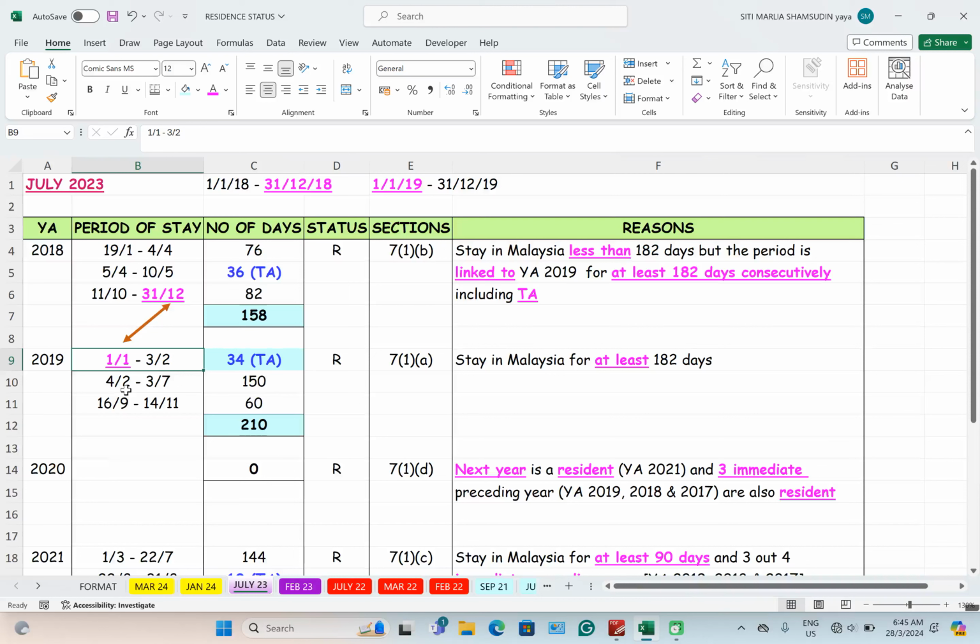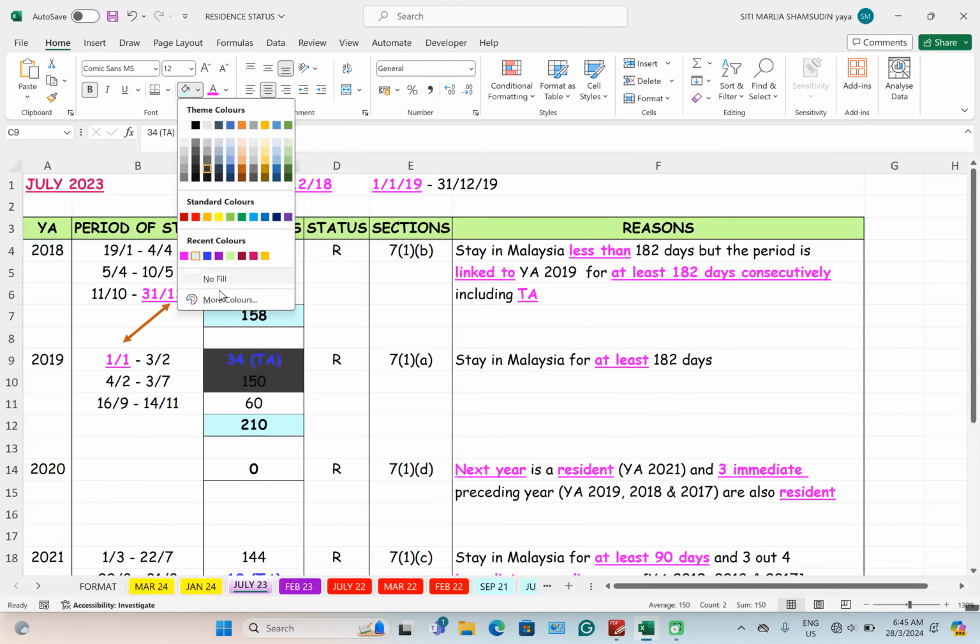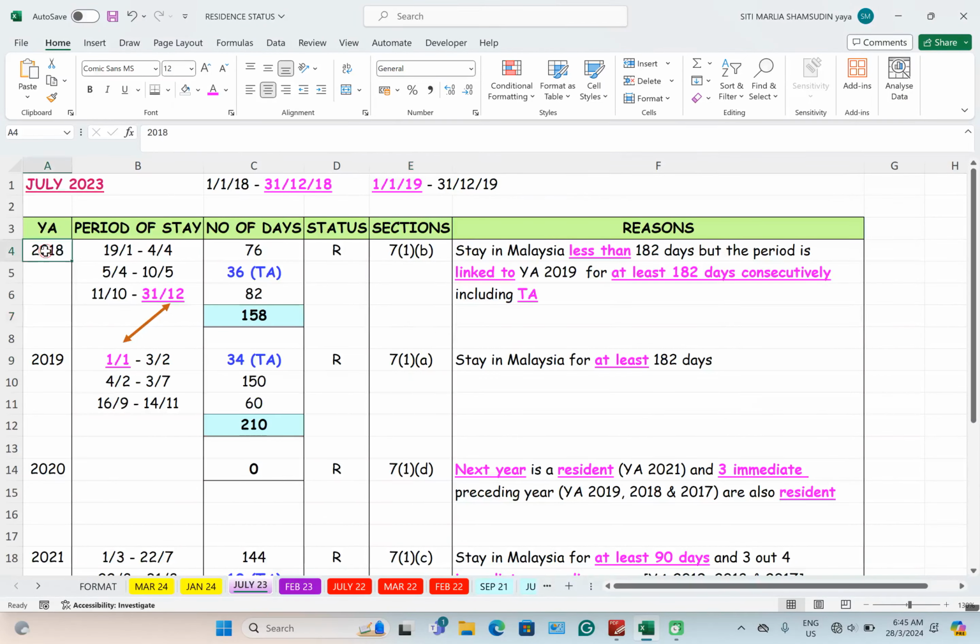Go down. Make sure the period is consecutive. 3rd February to 4th February, of course, consecutive, isn't it? How many days? 150. Total up, 34 plus 150, we will get 184 days. More than 182. Therefore, what happened to 2018, guys?